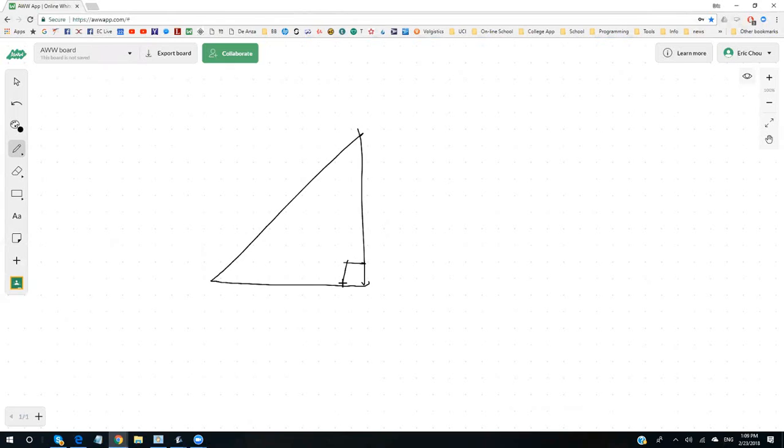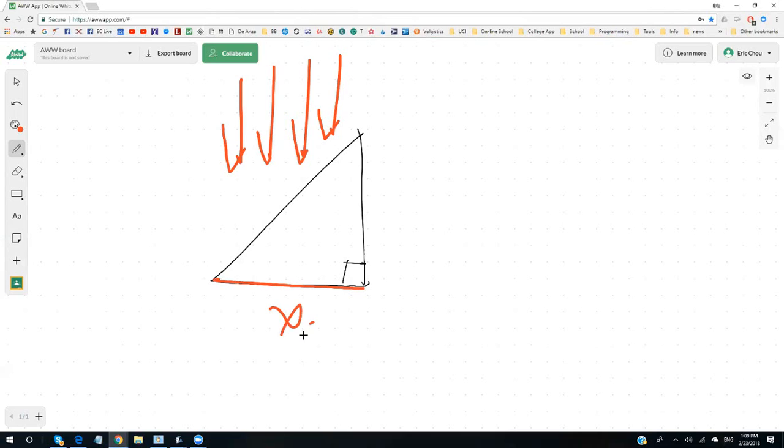Let me make it bigger. If this is the sun, you have sunshine from this direction, and this is the projection you get on the x-axis of this hypotenuse.